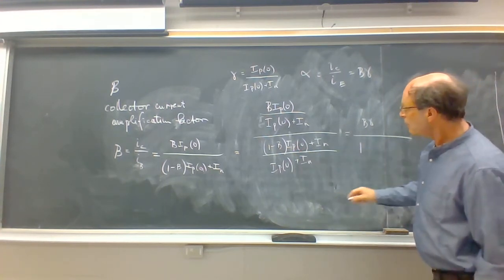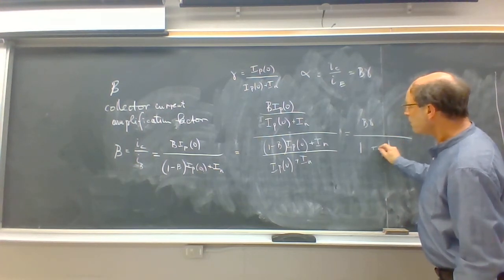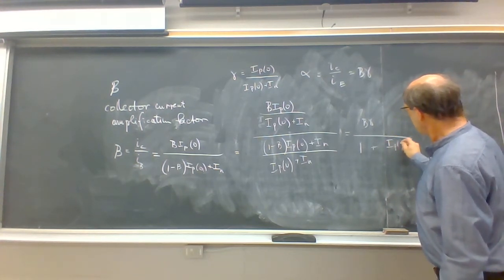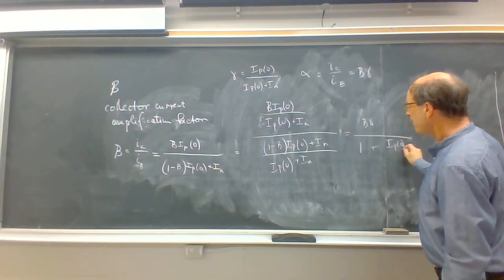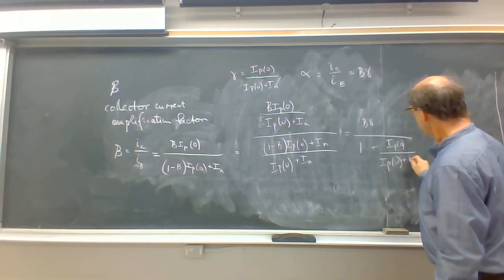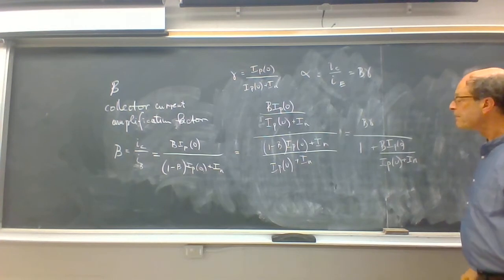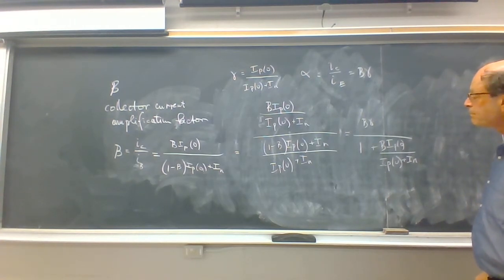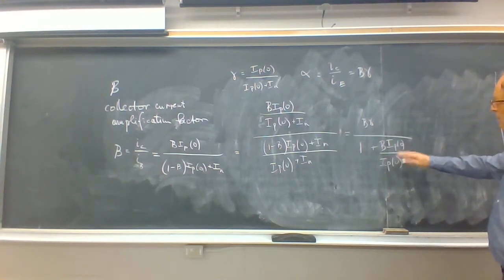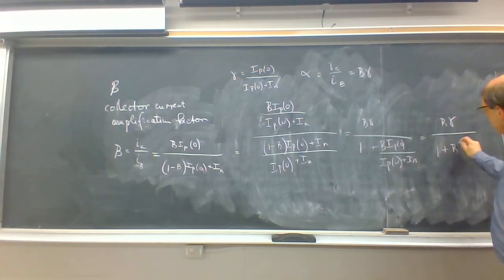And then the remaining term will be IP of 0 divided by IP of 0 plus IN times B. So you can see that the denominator can be written 1 minus B gamma.